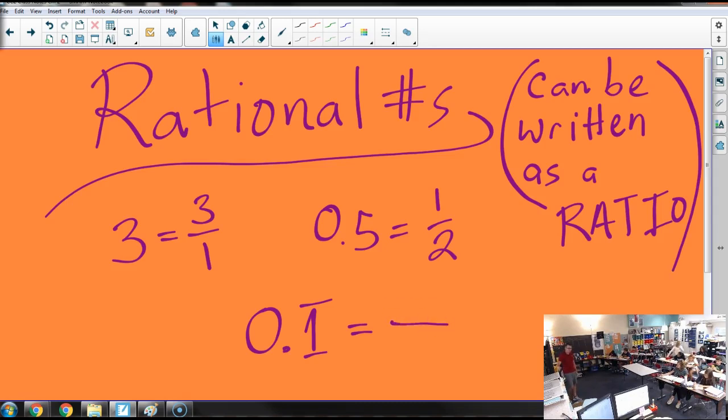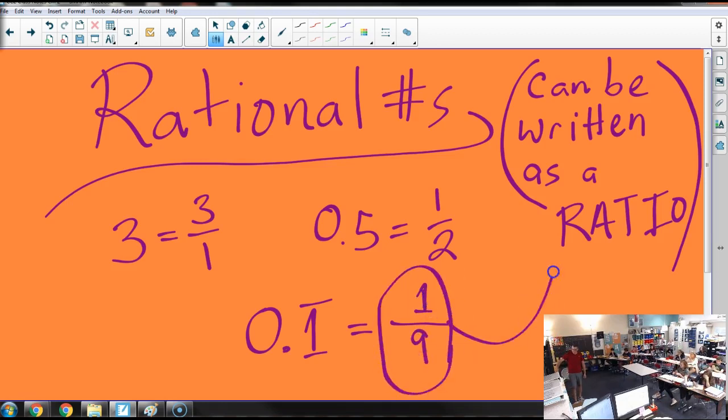We, the other day, talked about what fraction turns into 0.1 repeating. What was that rule? Yeah, it's over a 9, right? So this is 1/9. That is a rational number. 1 over 9, it's a ratio. So repeating decimals also count as rational numbers.